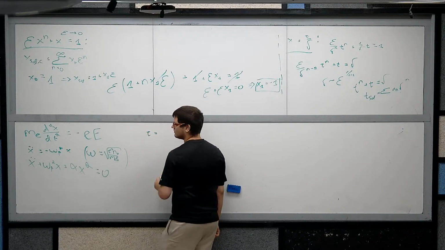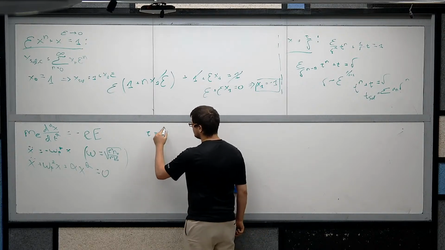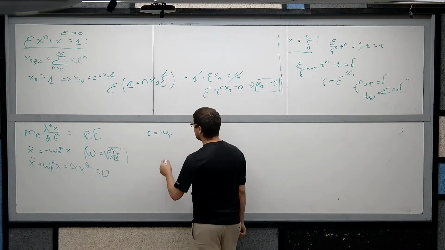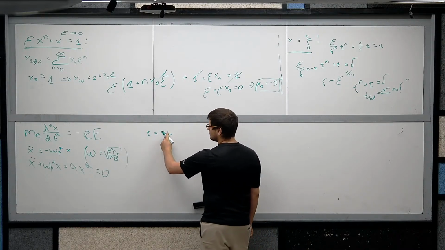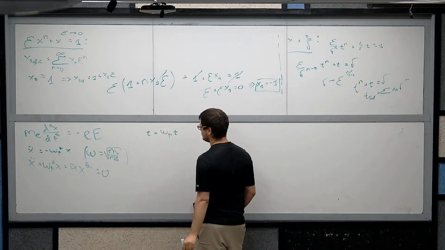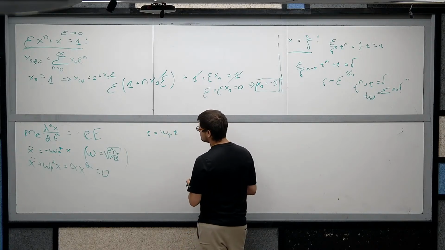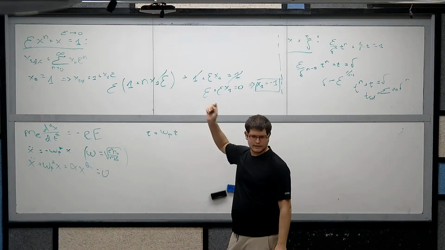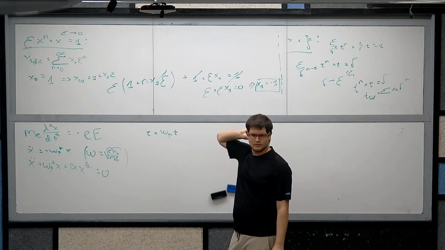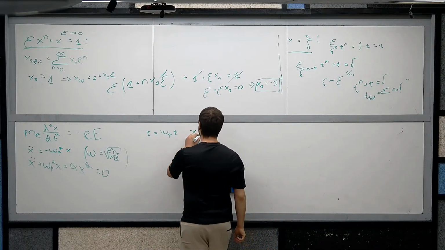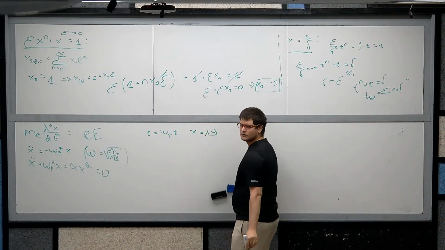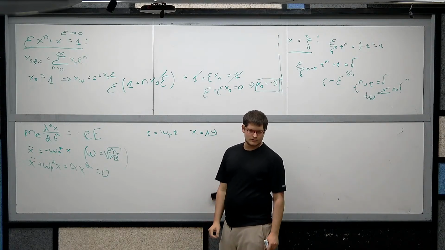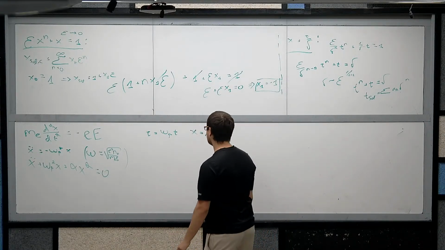So writing tau, we want things to be unitless, so tau will be omega p t. Now tau is a unitless time scale. And let's write x as a y. Y we already used as a function that doesn't have units in our course, so that will be nice.